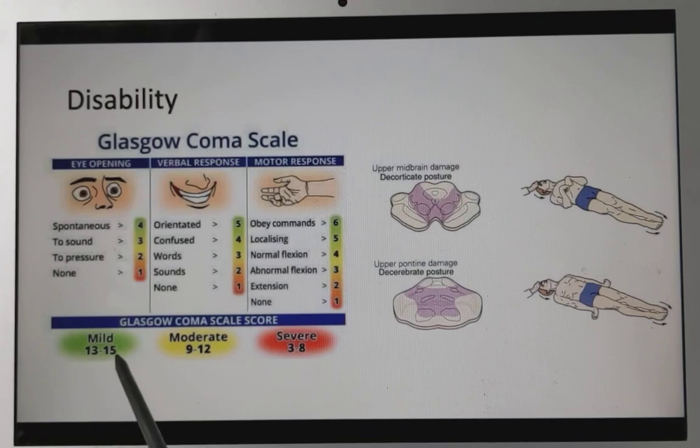Mild impairment, mild disability is 13 to 15, moderate is 9 to 12, and severe is 3 to 8. And usually a person with inadequate breathing and a Glasgow Coma score of less than 8, we tend to intubate. This is something that we'll discuss later.